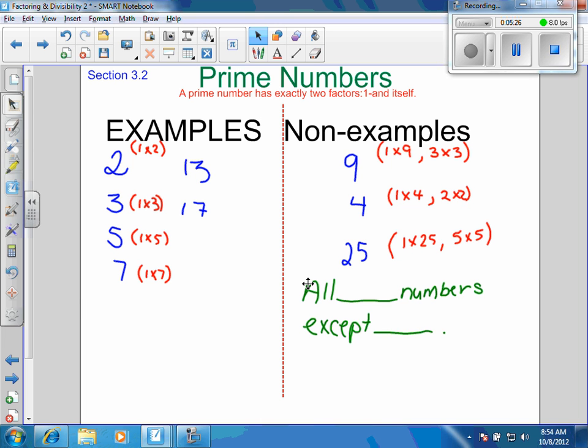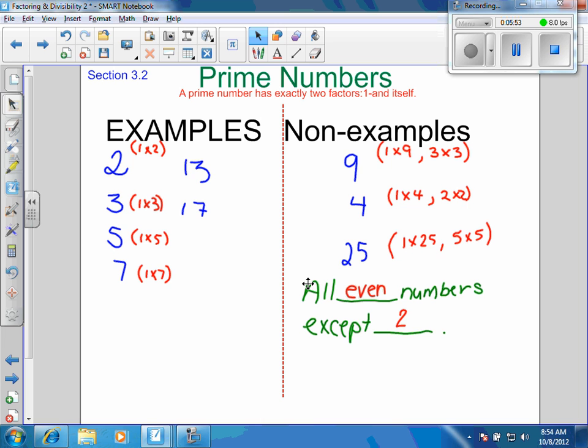You want to try? All odd or even numbers. One of the two. All even numbers are not prime except for 2. Very good.